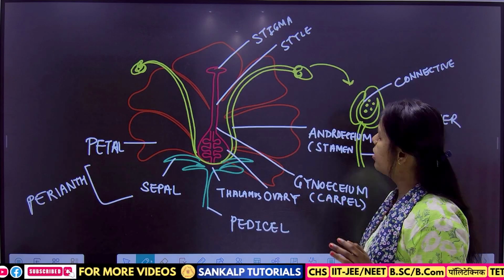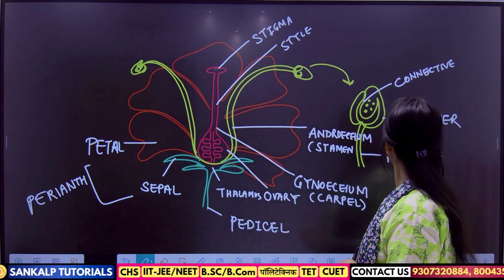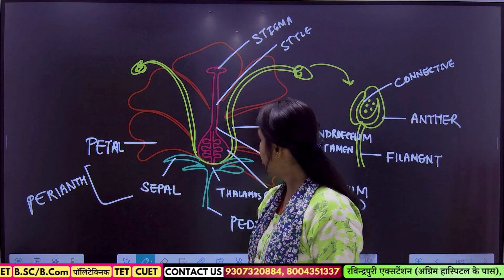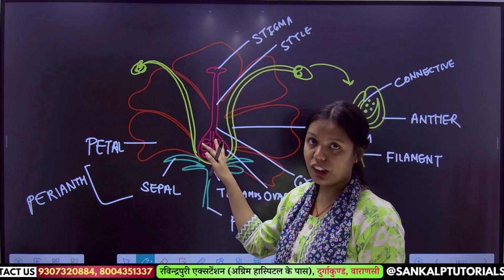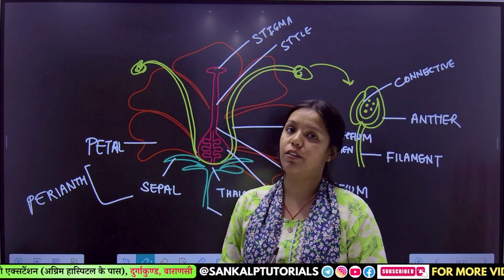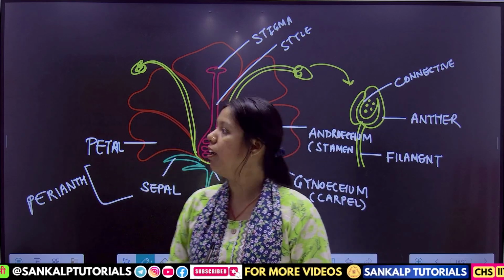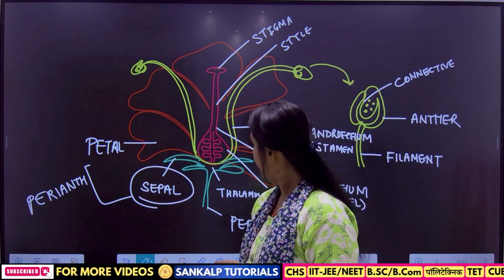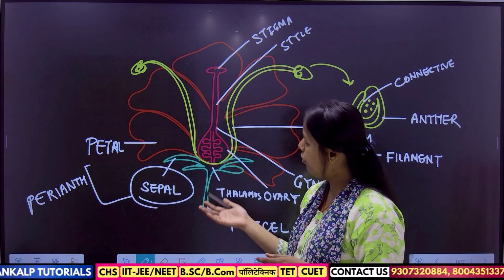Petals are related to pollination in flowers, because insects are attracted by these petals as they are colorful, and sepals are green in color, perform photosynthesis, and store food material.